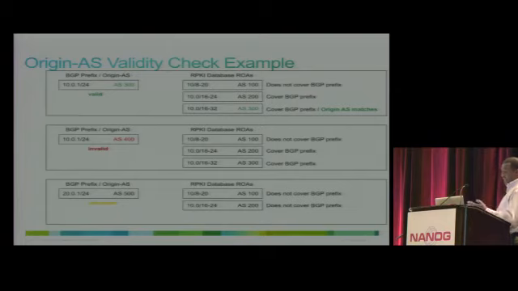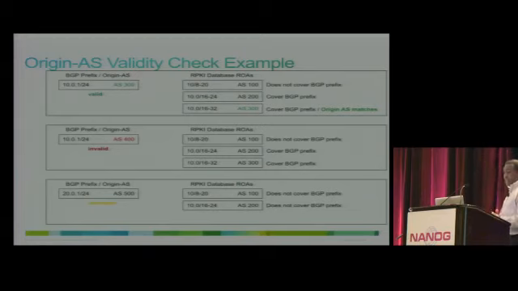The origin AS in the registry in this case is 200, and in some cases 300, but the origin AS received is 400. So in this case, it is invalid. So that AS is not allowed to originate that prefix. So it's not a legitimate originator.